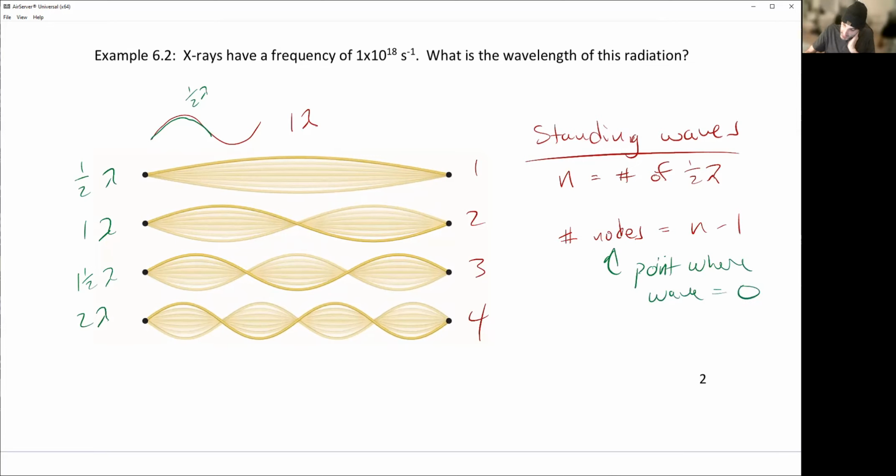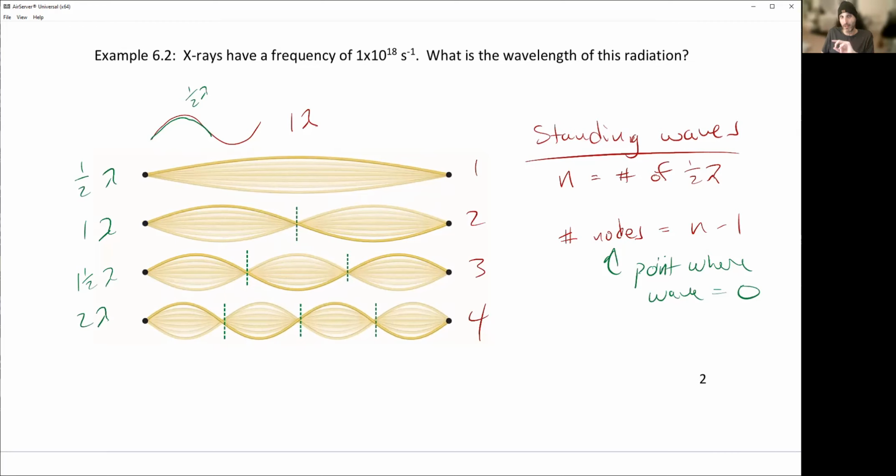Okay, so what we're going to see is this wave, in fact, equals 0 right here, right here, right here, right here, here, and here. Maybe off just a little bit, but the idea is those are considered nodes where something hits 0.